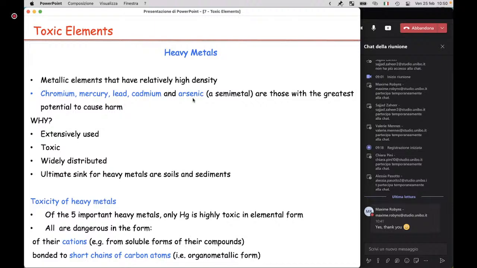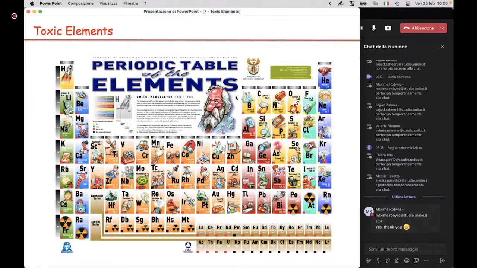In fact, arsenic is not a metal. It is a metalloid, because arsenic is here, but it has mostly the same toxicity as real heavy metals. So it is included in the class, even if it is not really a true metal.